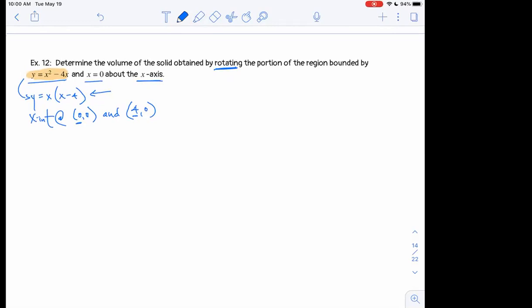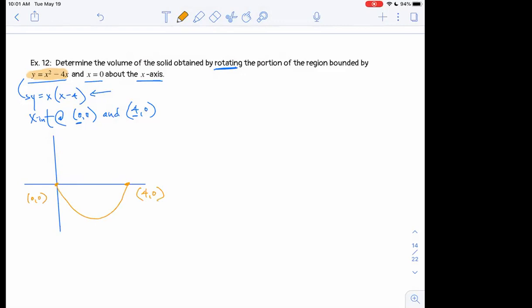So let's see what that looks like on a diagram. I know my parabola is facing up. I know it goes through the x-axis at 0 and at 4. So really I have this kind of shape down here. This coordinate is 0, 0, and this coordinate is 4, 0.